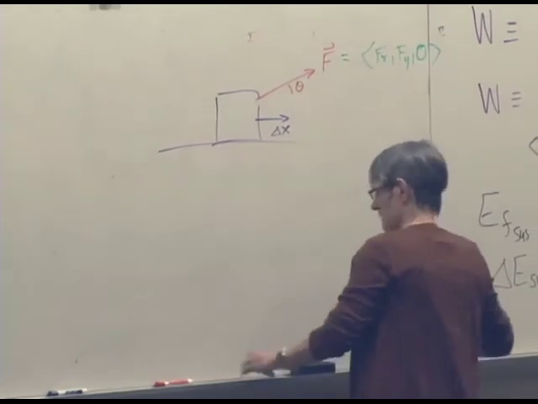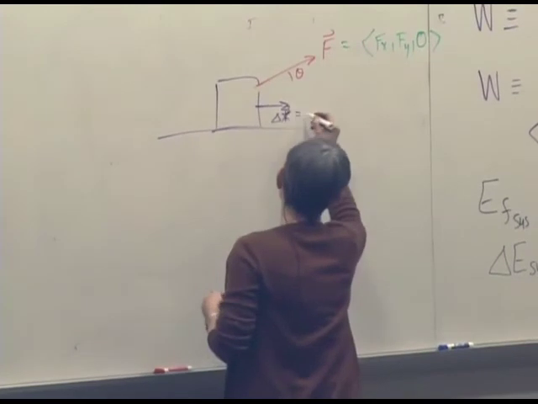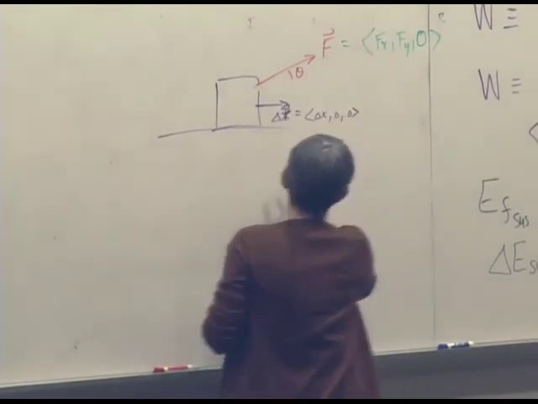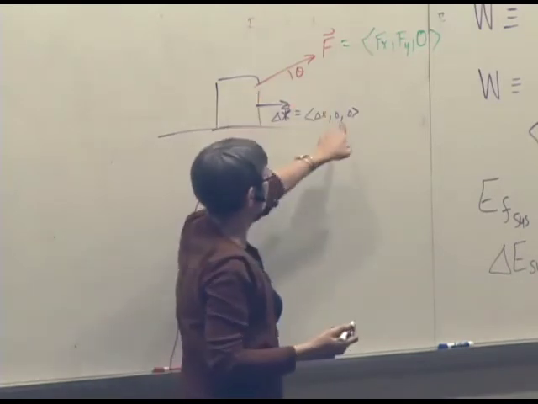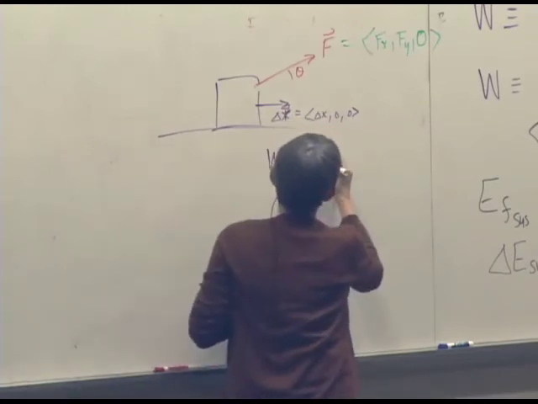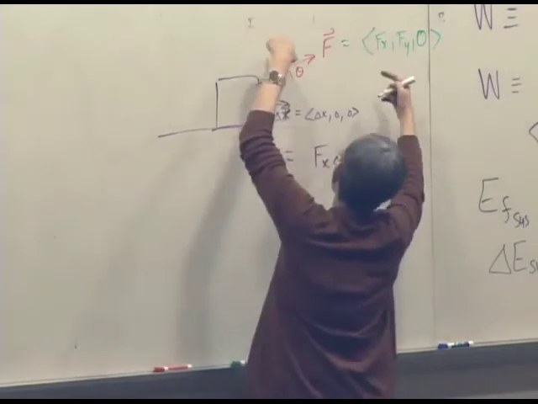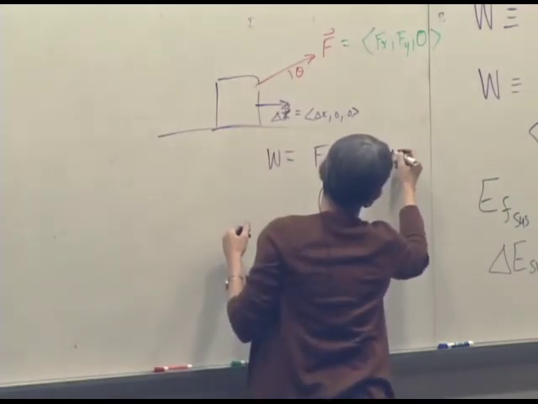And delta R is delta x, 0, 0. So the work done looks like it's going to be the x component of the force times delta x. And the y component of the force isn't actually going to do any work because there's no displacement.